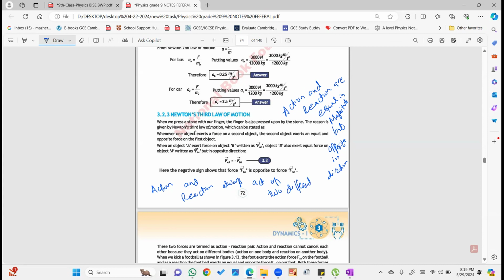Action and reaction never act on the same body. There must be two bodies on which the action and reaction would act.